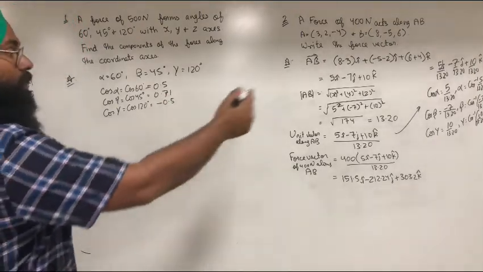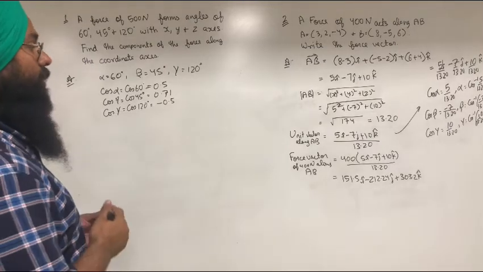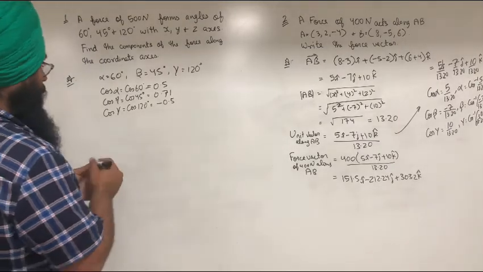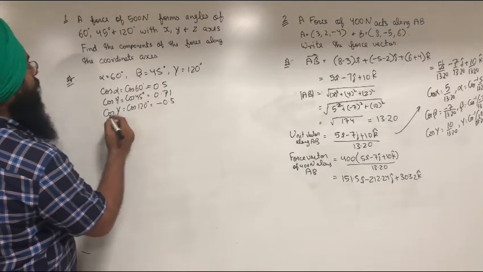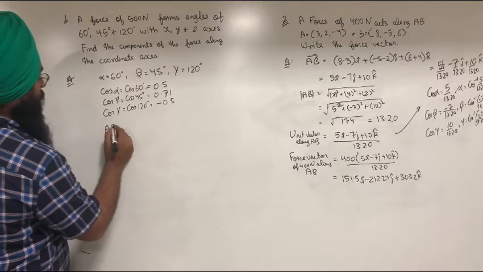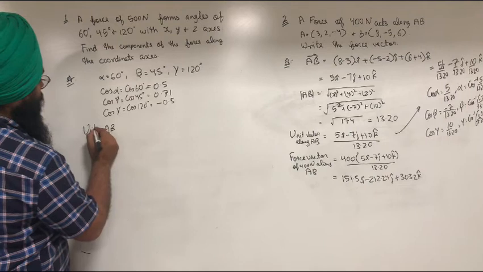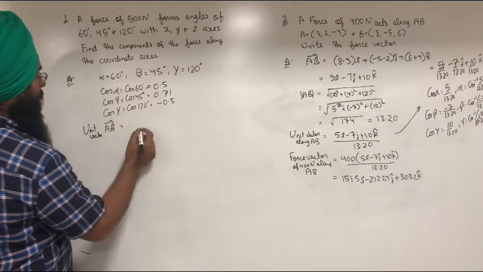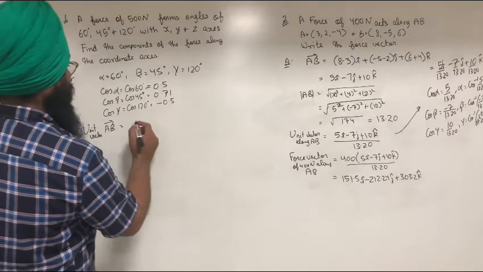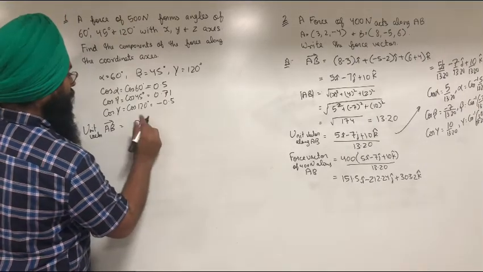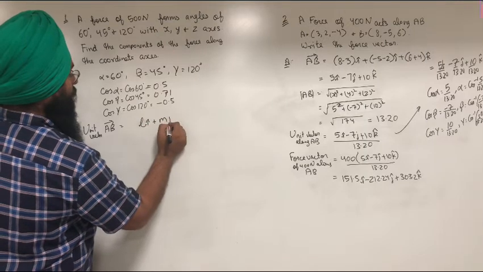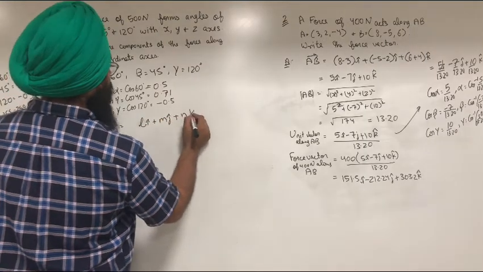So comparing the equations, if we have found the unit vector AB, we can write it as Li plus Mj plus Nk.